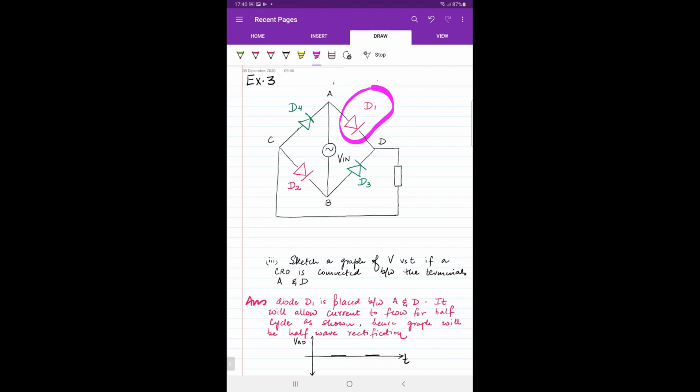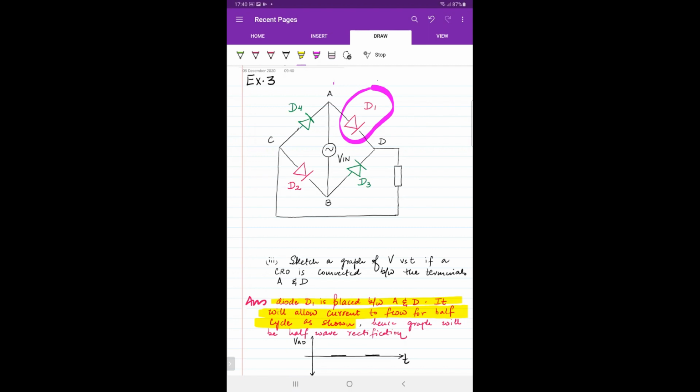Diode D1 is placed between A and D, full stop. It will allow current to flow for only half a cycle, as shown previously. So the diode D1 only allows current to flow for half a cycle.